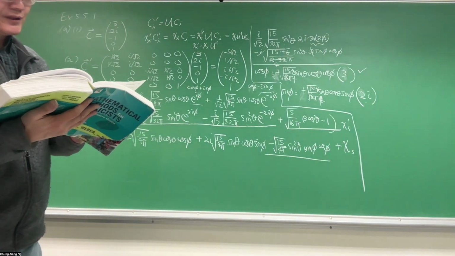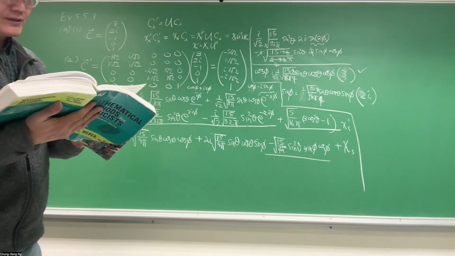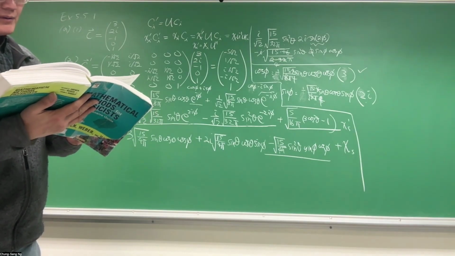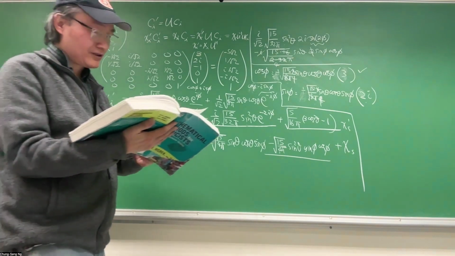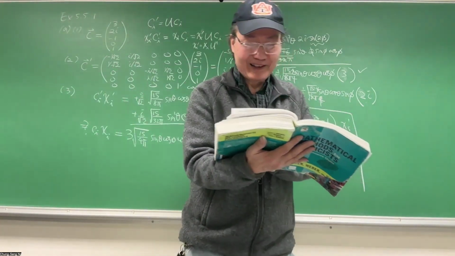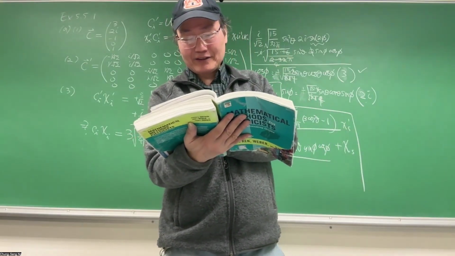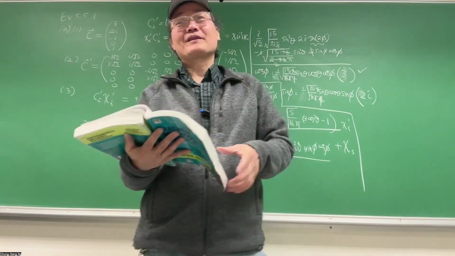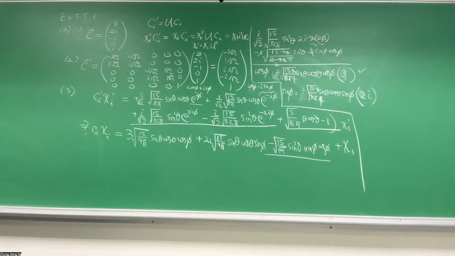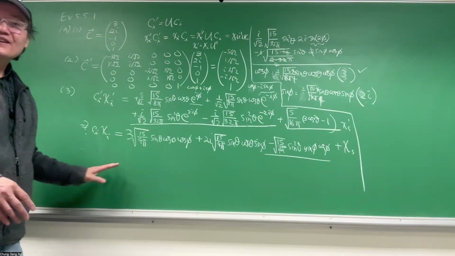So the typo is in U. The textbook has, I don't know how he did that, the complex conjugate of U instead of U. But the chi are correct. The chi and chi psi are correct in your textbook, but not the U. And okay, this one.